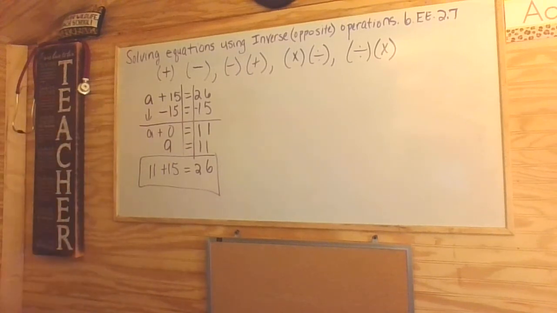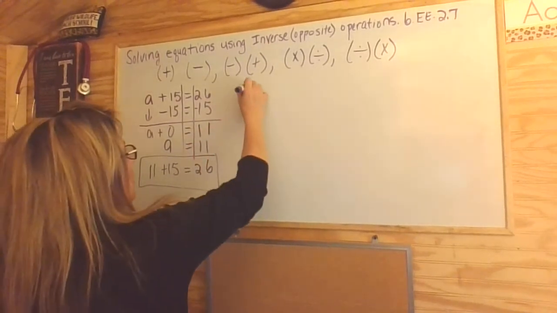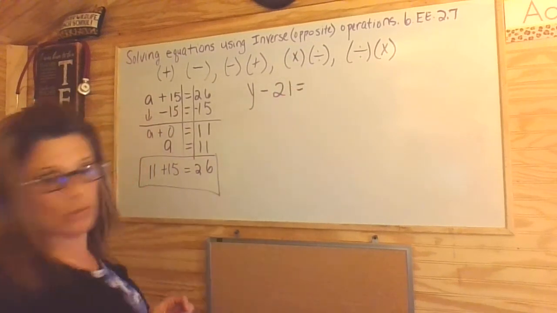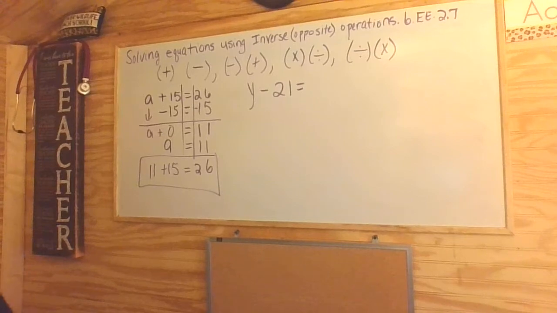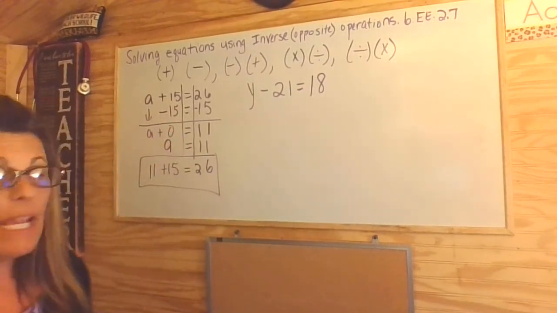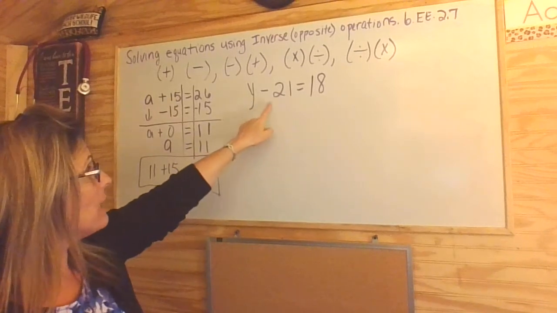Okay, so now I'm going to move on to an inverse operation of subtraction problem. I'm going to use y minus 21 equals 18. Again, I have y minus 21.